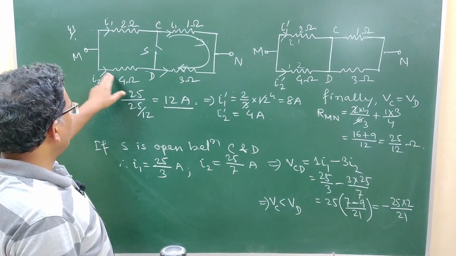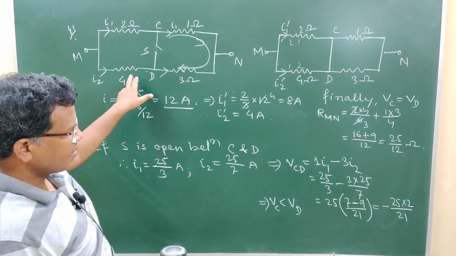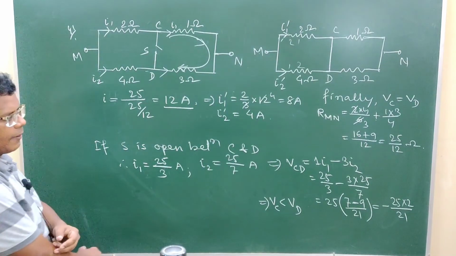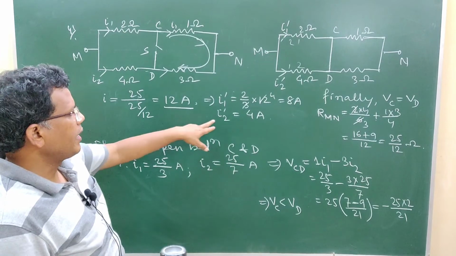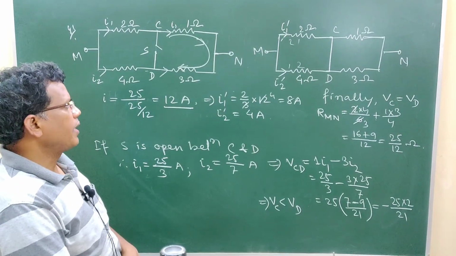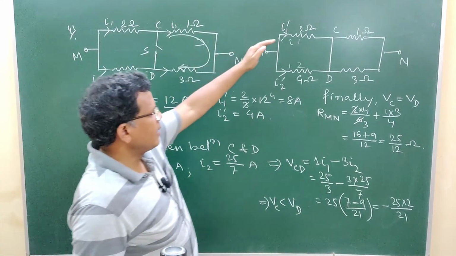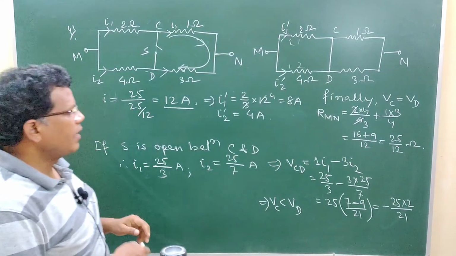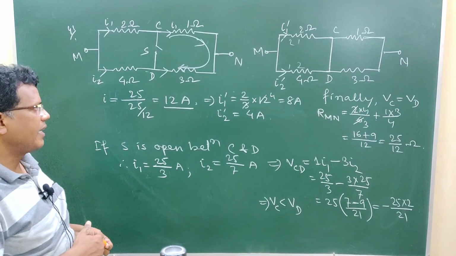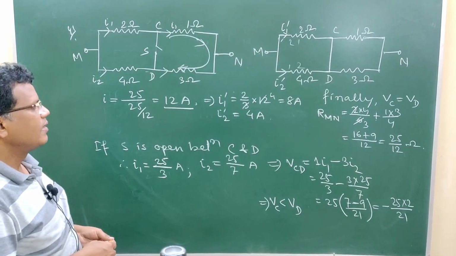Clear? And between M and D in the previous case, the current which was flowing as 25 by 7, and now it is 4 ampere. So what do you think? One of them has lost current, where the other one has gained the current.